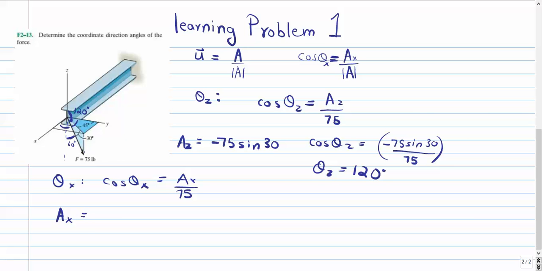I'm going to use the trigonometric identity twice. First, I'm going to find the component of the 75-pound force along this line. And once I have this component, I'm going to use trigonometric identity for sine once more to find my component along this x-axis.